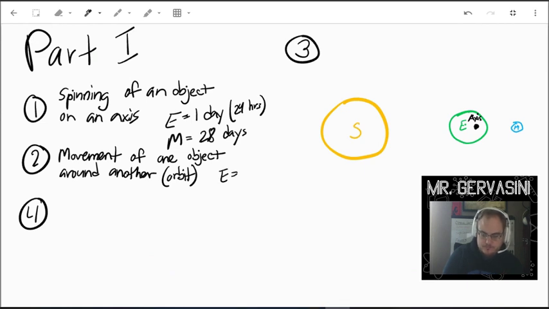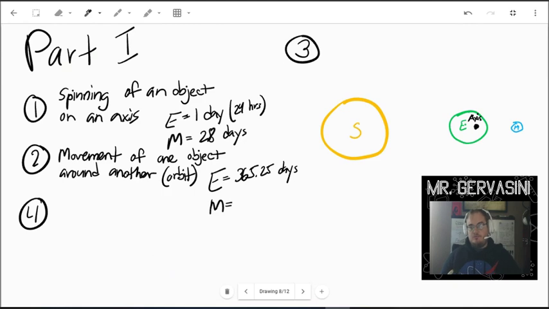For the Earth to go around the Sun, because planets orbit the Sun, take 365 and a quarter days. For the Moon to go around the Earth, because moons orbit planets, it will take, once again, 28 days.